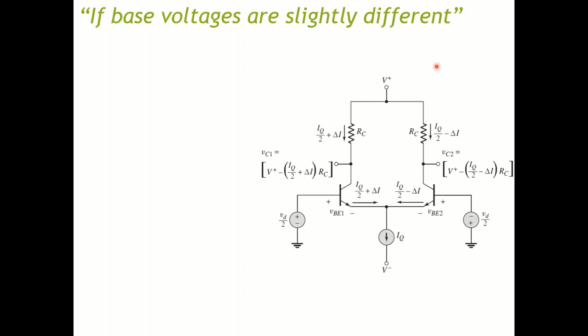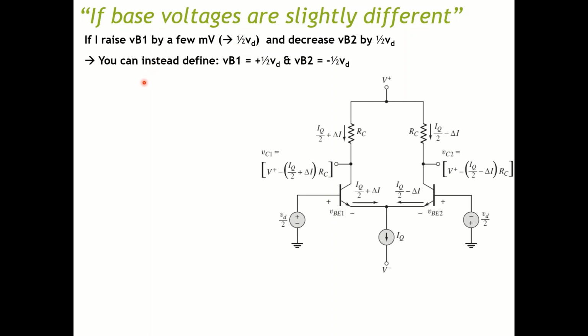Now let's consider if the base voltages are slightly different. If I raise VB1, which is this voltage here, by a few millivolts, and I decrease VB2 by the same amount, and I define that few millivolts to be half of VD, then I can define the new VB1 to be plus half VD, and the new VB2 to be minus half VD.